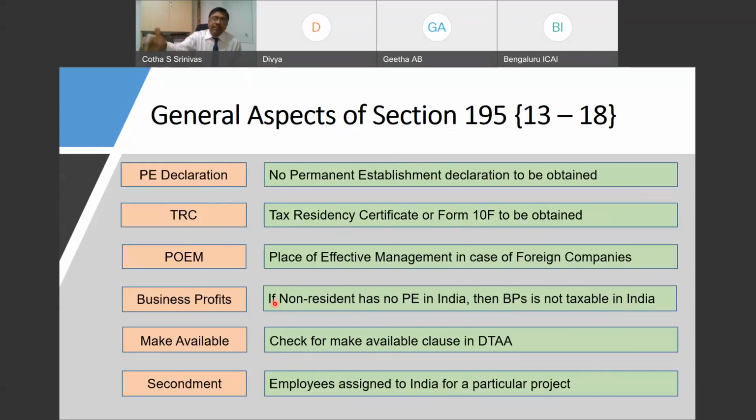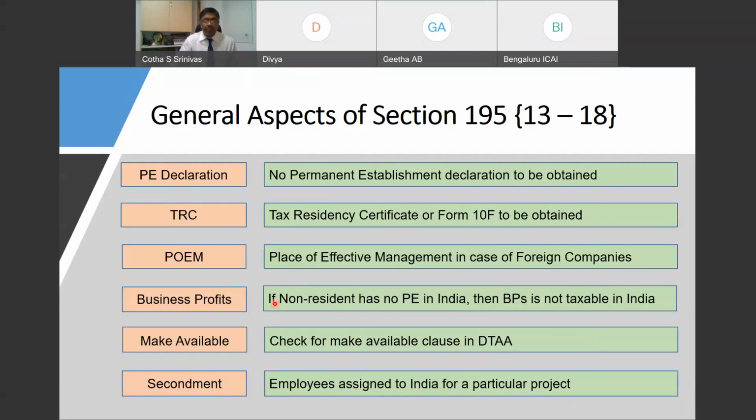Then country A will charge for that to the Indian company, and the Indian company will pay that amount to country A. In this situation, it is considered technical services because they are rendering certain technical services in India, guiding under their control and supervision. These employees are working, then that will be considered as a technical service fee, and there will be TDS on that particular payment as such.